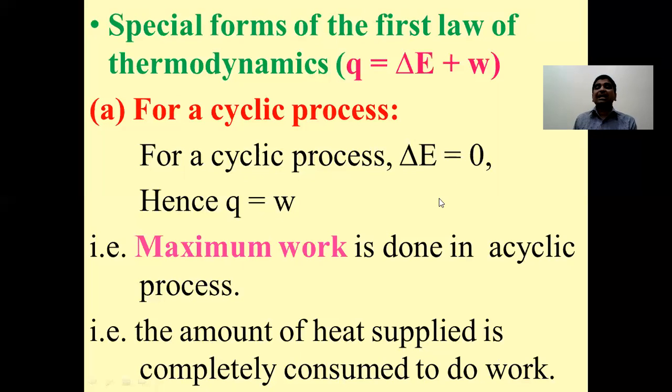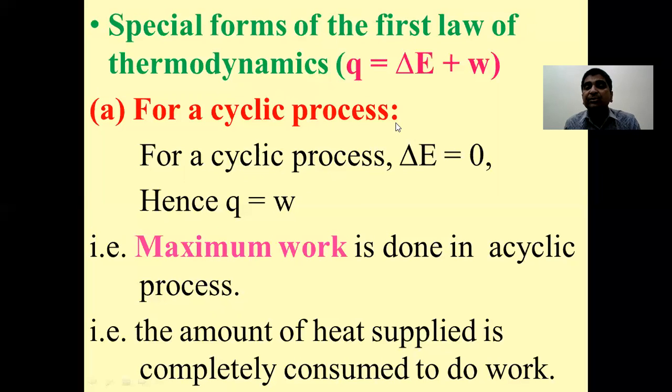So for the cyclic process, we use the concept of maximum work. Based on this concept, in the second part of thermodynamics, we are going to see the Carnot heat engine, a new concept that we will see in due course.